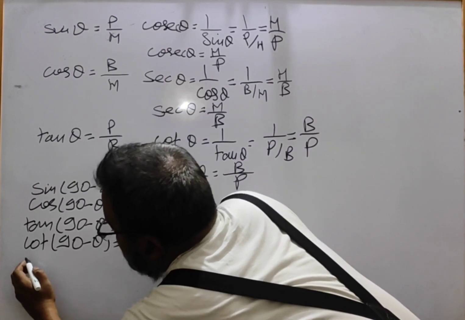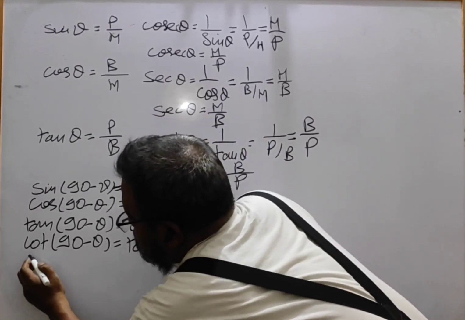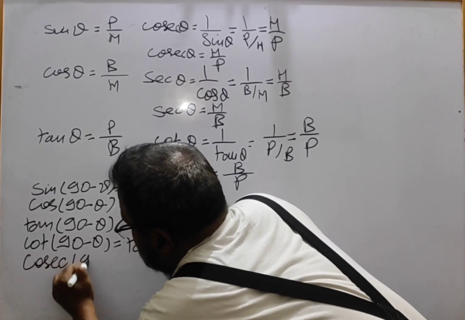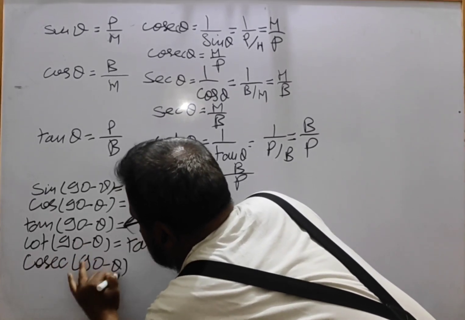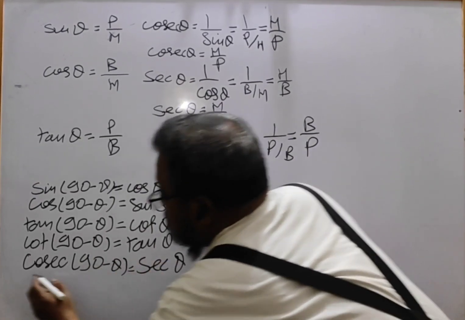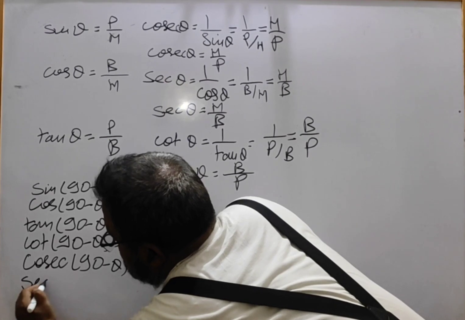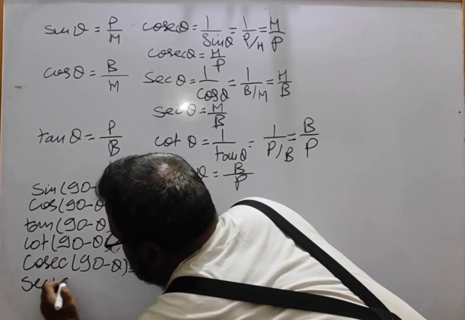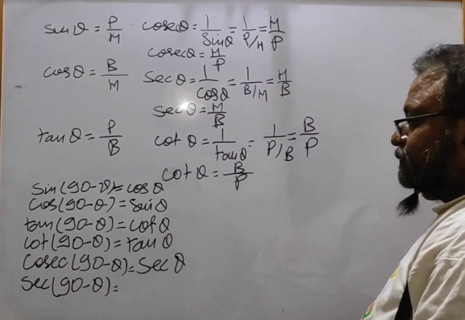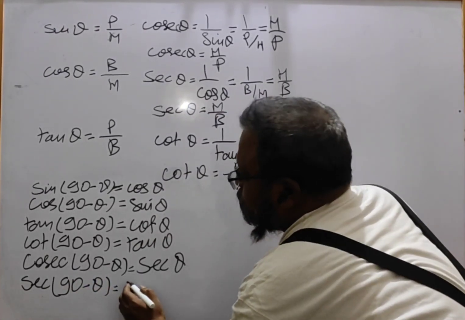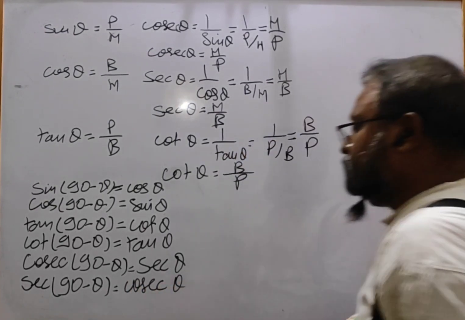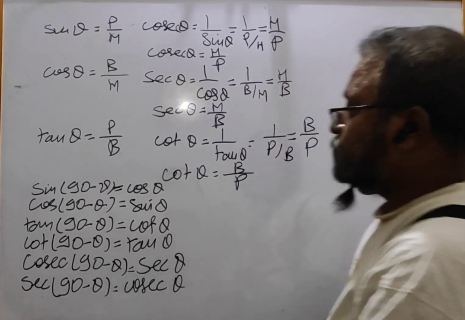And we have cosec 90 minus theta is equal to sec theta, and sec 90 minus theta is equal to cosec theta, right?